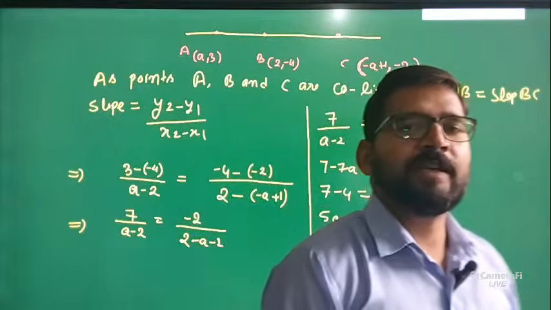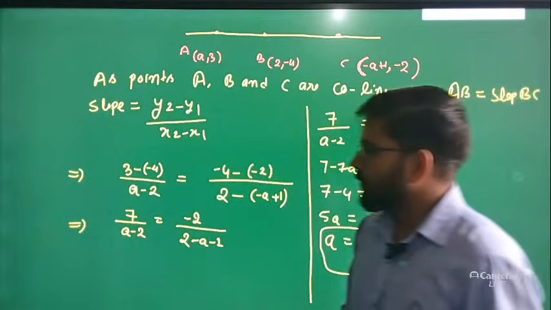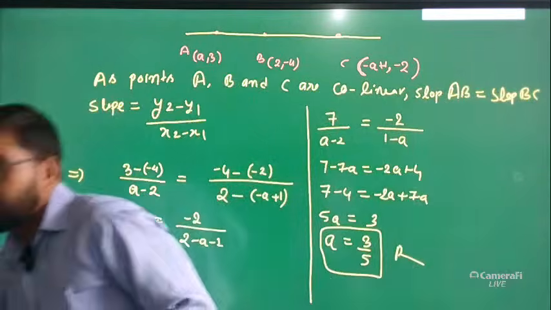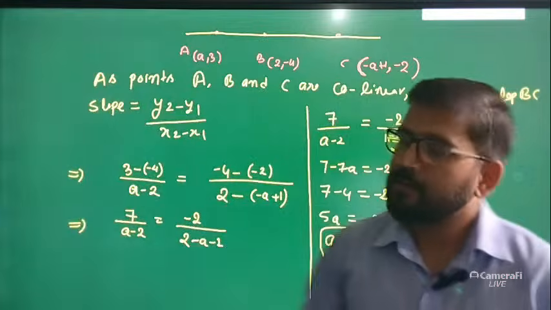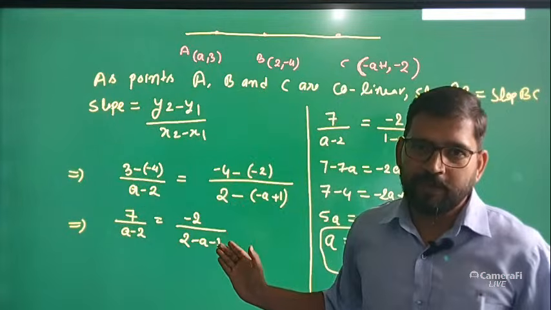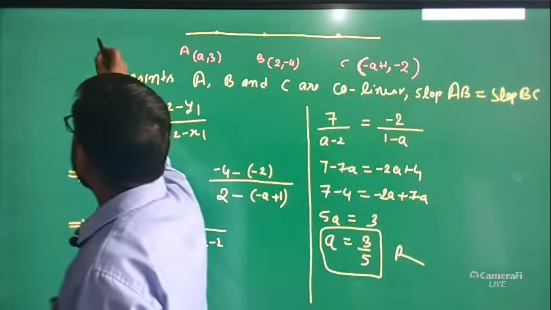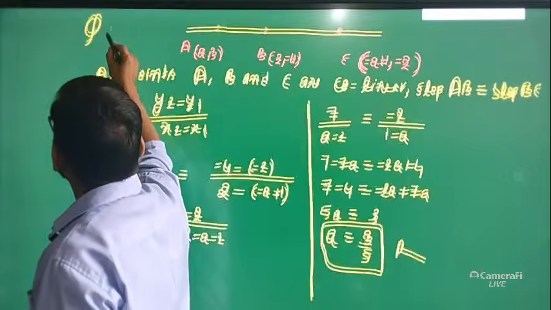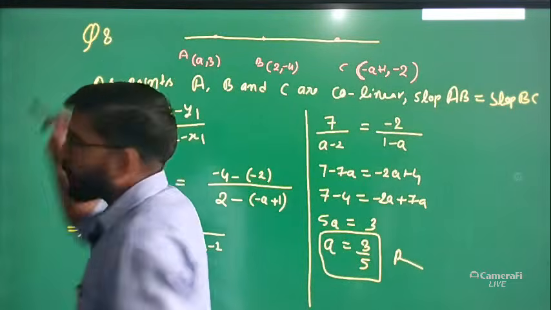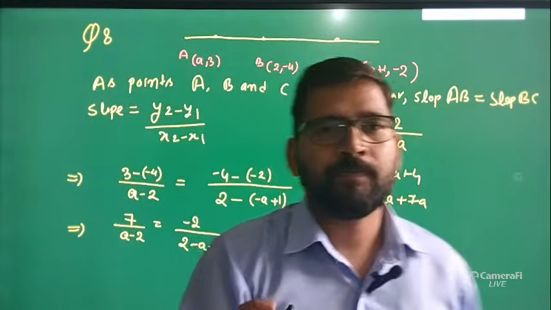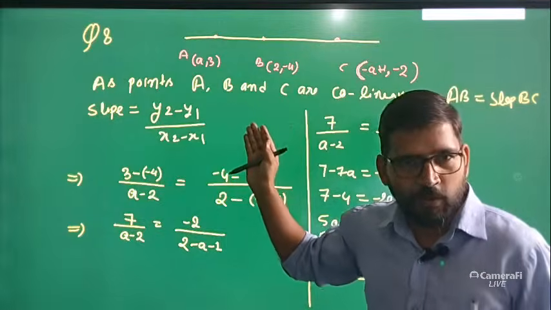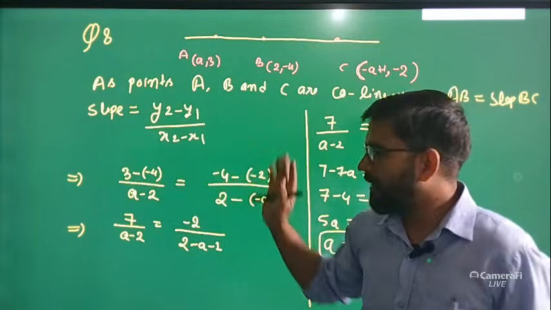So the value of a is 3 upon 5. So in the same way, let me tell you again, this question is very, very important. This is question number 8, and in the same way question number 7 is the same: 3 points are given as collinear and you have to find the value of whatever is there, a or b.